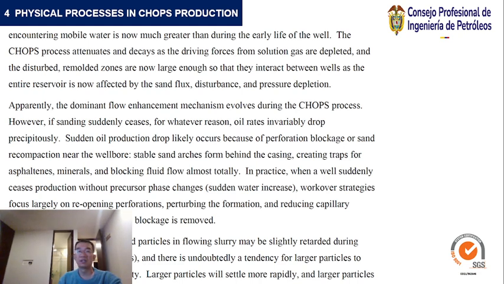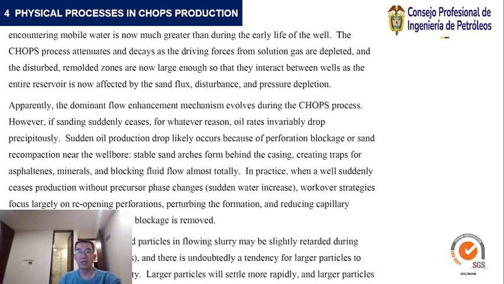However, if sanding suddenly ceases, for whatever reason, oil rates invariably drop. Sudden oil production drop likely occurs because of perforation blockage or sand compaction near the wellbore. Stable sand arches form around the casing, creating traps and blocking fluid flow almost totally.